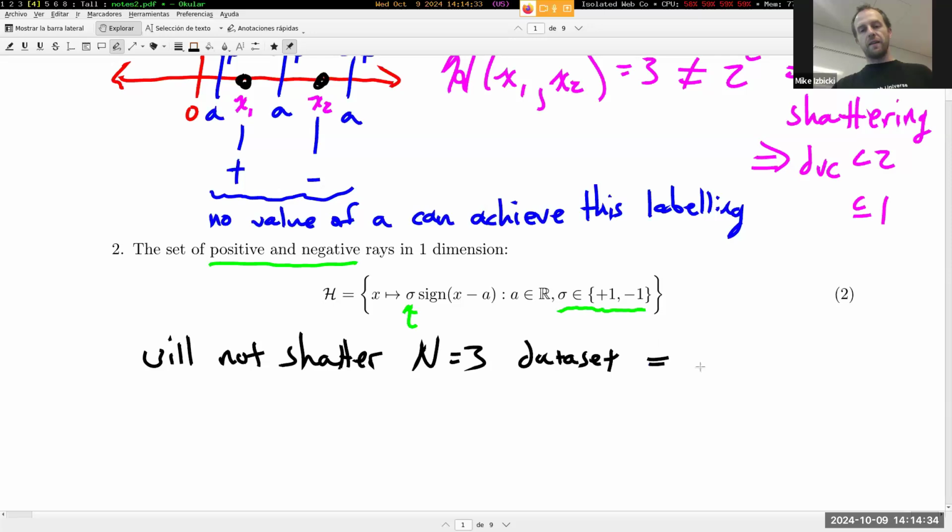And that'll imply that the dVC is strictly less than 3. And so the dVC for this problem is going to be equal to 2.